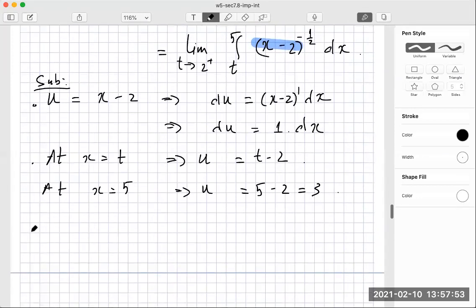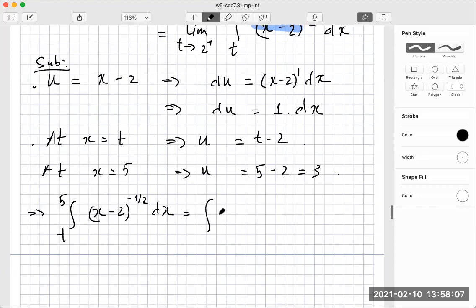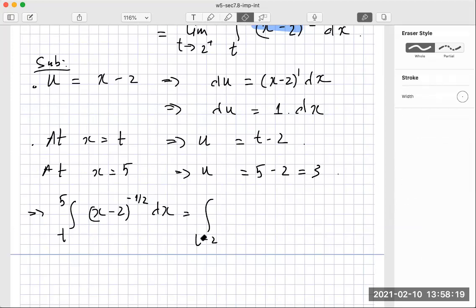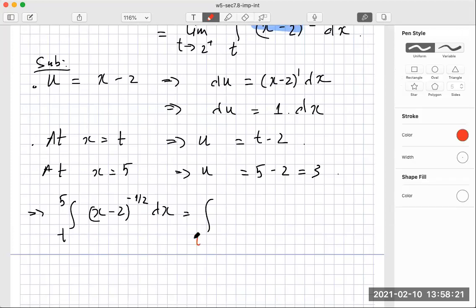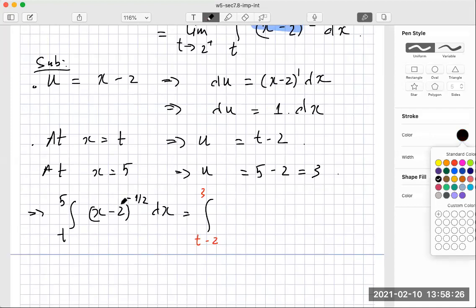Then now we can do substitution. We substitute this guy. Now we write everything in terms of du, and the lower limit becomes t minus 2, and the upper limit is, very good.